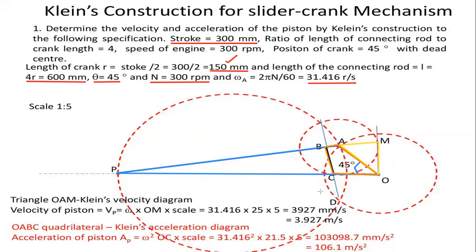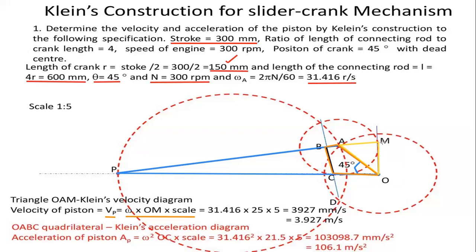so this is the velocity of piston, taken as velocity of P is equal to omega into OM into scale, that is the length of OM into scale.